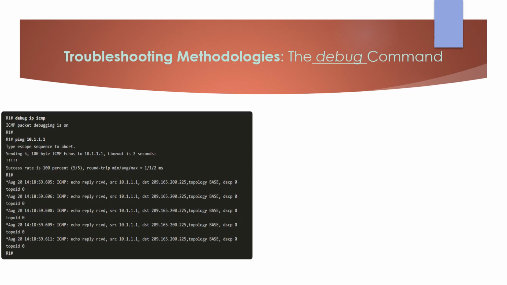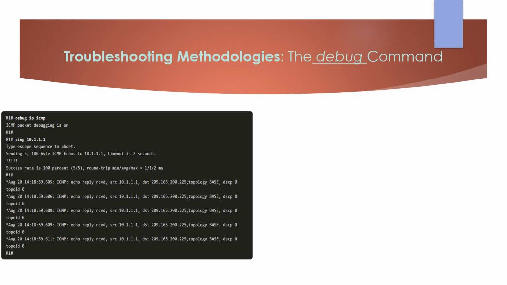For example, let's say we have to monitor the status of Internet Control Message Protocol messages in a Cisco router. That's why we use the command debug ip icmp, as it is shown.